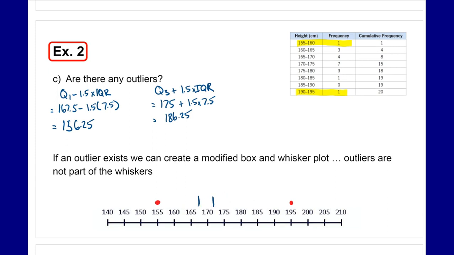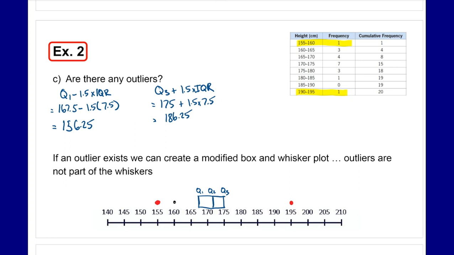We're still going to go through and create our box there. So our Q1, our Q2, our Q3. That doesn't change. What does change now is our new max and min. What's our new highest and lowest value? If we look, we can see the new low value is in that 160 to 165 interval.